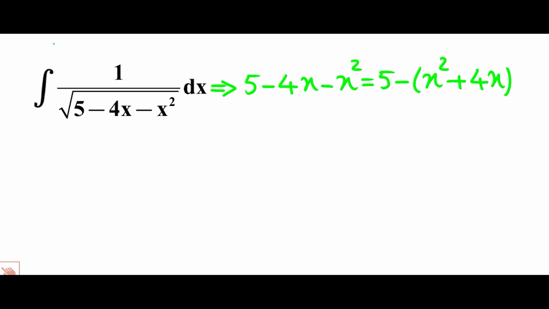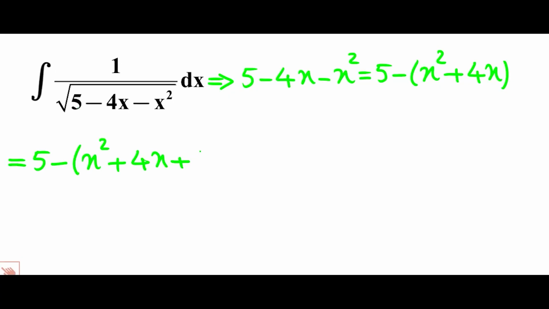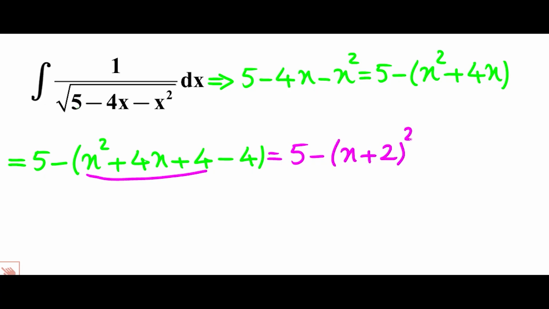So we have 5 minus (x squared plus 4x plus 4 minus 4). Right? So we have 5 minus (x plus 2) whole squared, and negative times negative is positive 4. Positive 4, right?